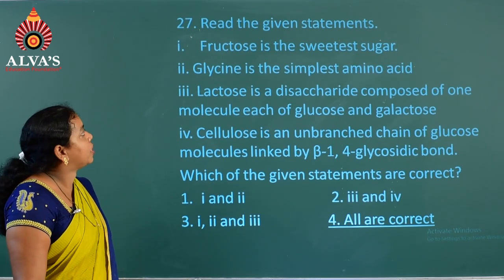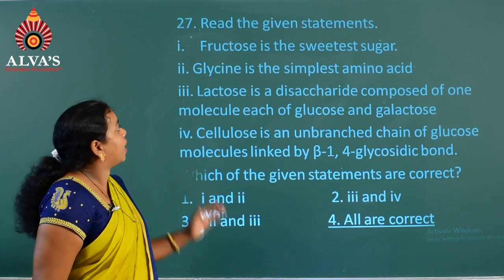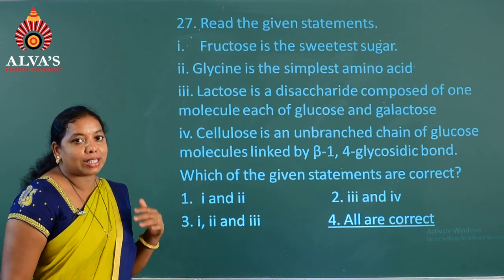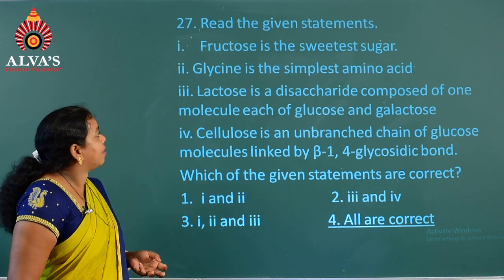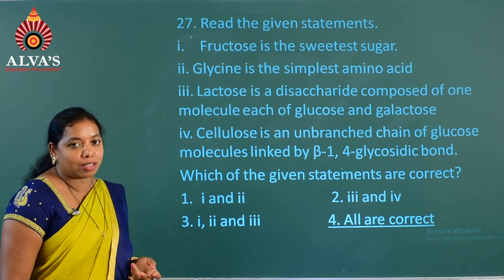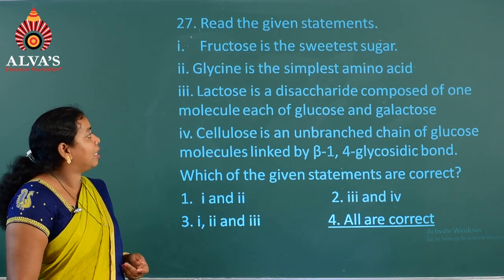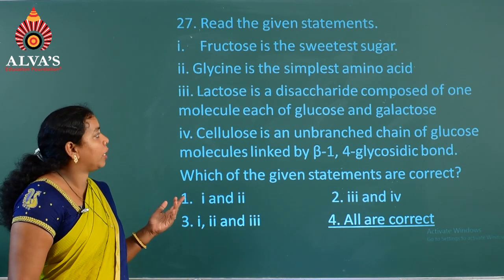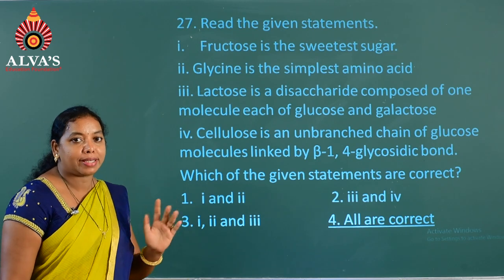We go to the next question, that is question number 27. Read the given statements. First, fructose is the sweetest sugar, and the second, glycine is the simplest amino acid. Third, lactose is a disaccharide composed of one molecule each of glucose and galactose.